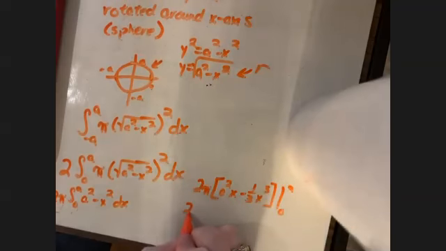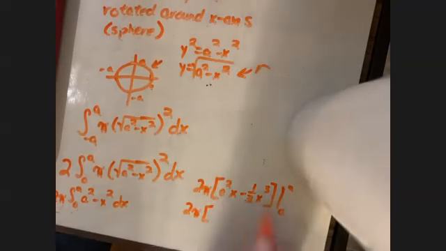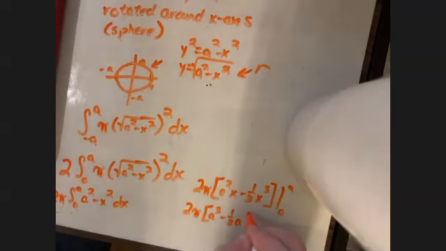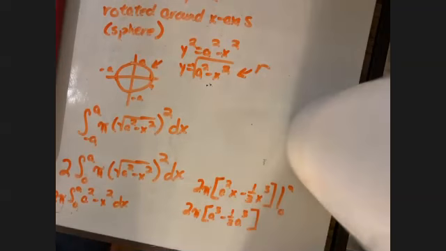Okay, so I've got 2 pi. If I plug in a, that's going to be a cubed minus 1/3 a cubed. If I plug in 0, everything's going to go to 0.